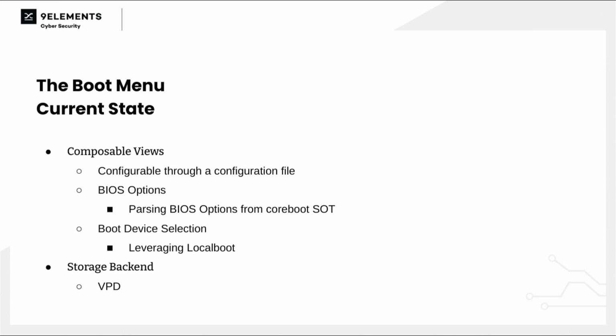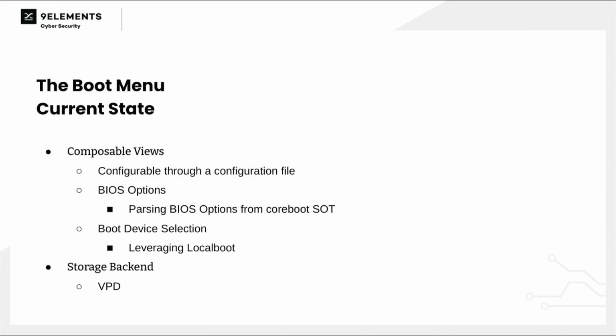Now, I implemented the boot device selection, so that was pretty straightforward because u-root already gives you something called localboot. And localboot is essentially discovering local hard drives and being able to boot into them, so I could easily leverage that. And as I said, I implemented the storage backend. I separated the BIOS options, meaning what BIOS options do I have and what is the value of those BIOS options.